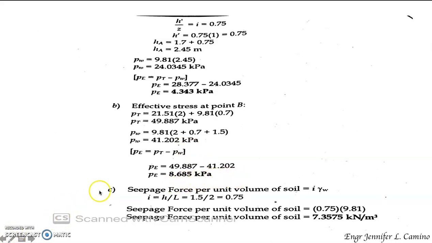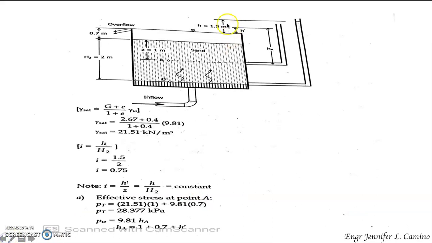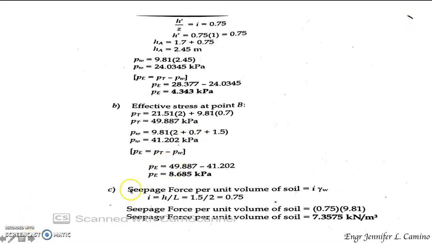And the last one is to compute for the seepage force per unit volume of the soil. So we have the formula, which is i times gamma w, i times the unit weight of the water, and our i is actually the head over the length of the soil, so that is equal to small letter h, which is 1.5, that is the head difference in elevation between 2 points, over the length of the soil, which is 2, so it gives us 0.75.